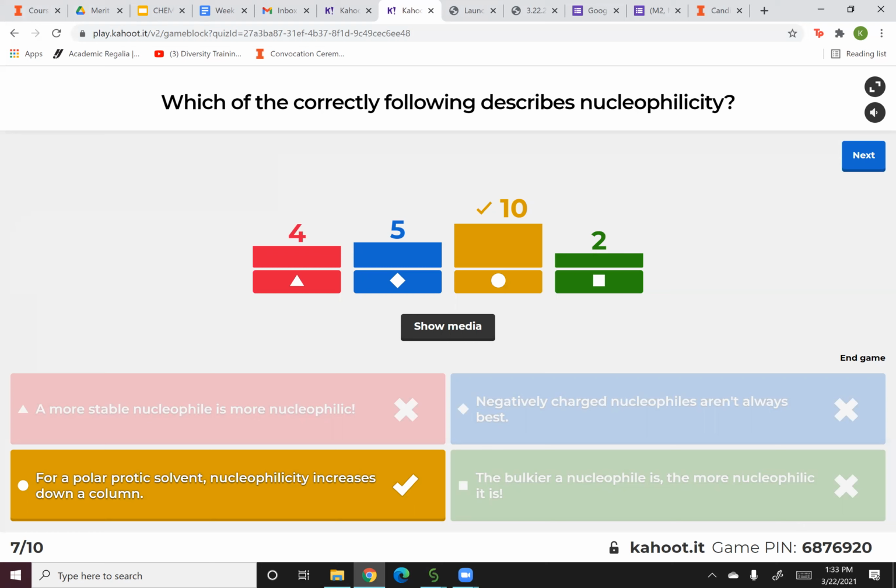If you have a negative charge, you're going to have more of that concentrated electron density, so that is preferred. And then the last one, the bulkier a nucleophile is, the more nucleophilic it is. We know this is false because we want to have less bulky nucleophiles. Does anybody have any follow-up questions on that? No? All right, okay.